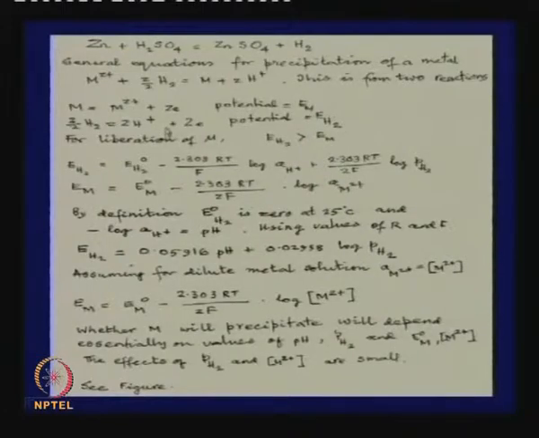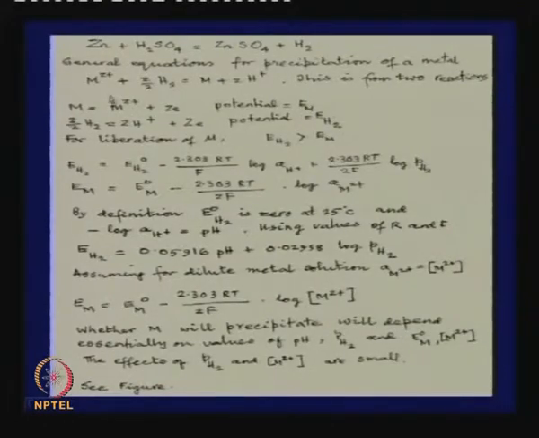Now, suppose we have in the solution nickel ions, cobalt ions, can we precipitate them out as a metal by hydrogen?